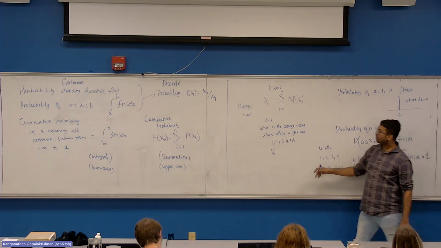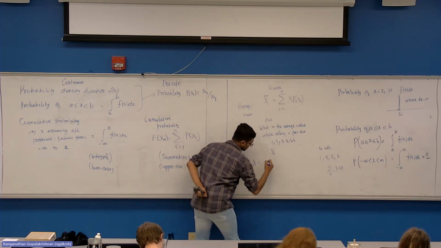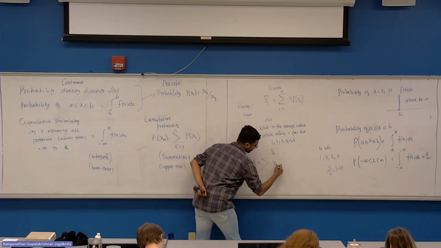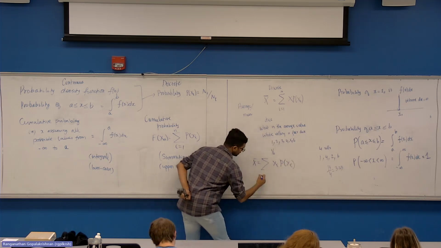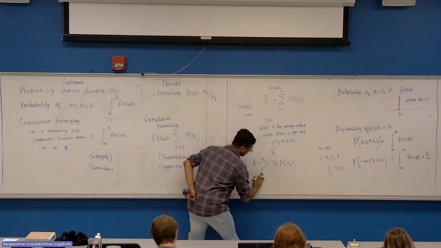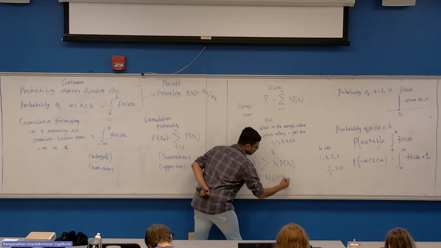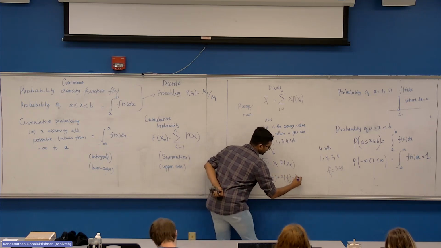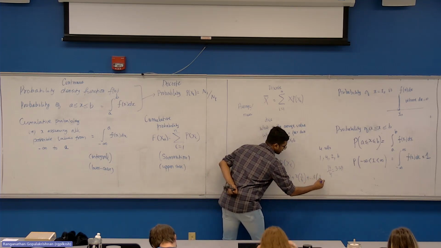Can you compute the average? So you can compute x bar equals value of x and the chance of x. So this is summation. This is basically 1 multiplied by 1/6 plus 2 times 1/6 plus 3 times 1/6 and so on, 6 times 1/6.